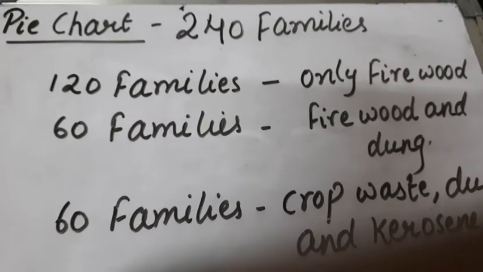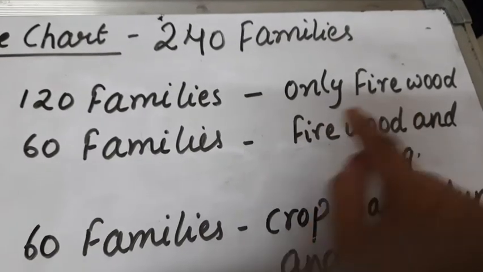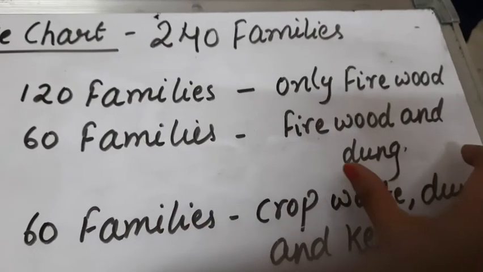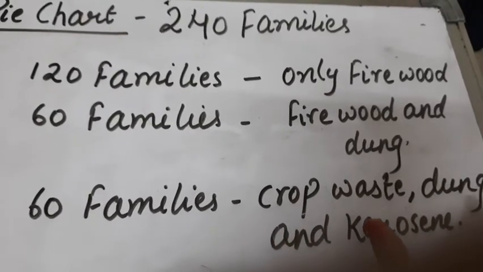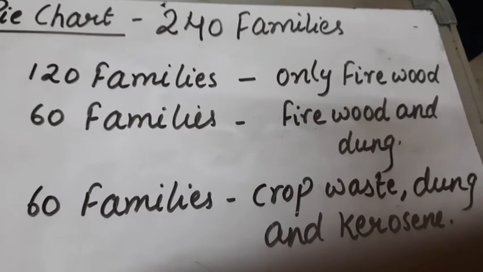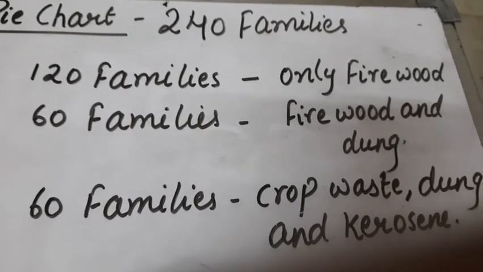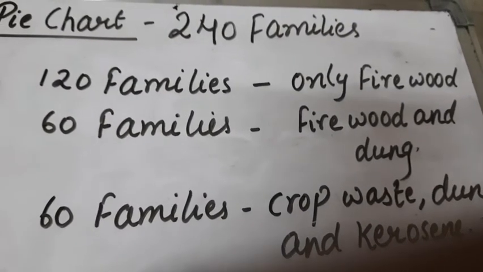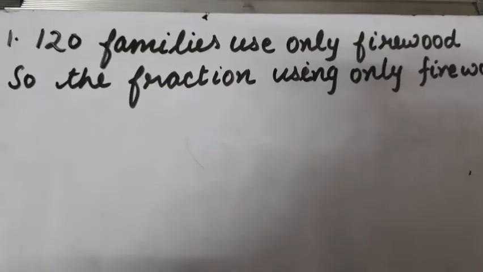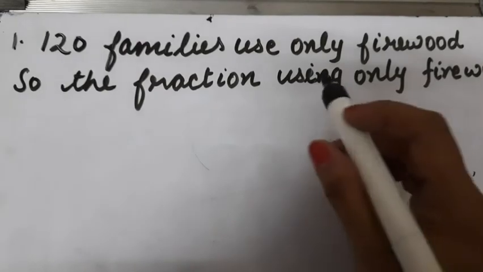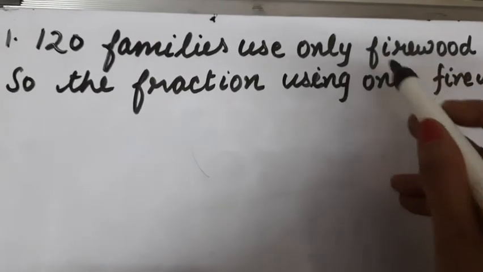They found that 120 families use only firewood, 60 families use firewood and dung, and 60 families use crop waste, dung, and kerosene for cooking and heating. We have to represent this information by using a pie chart. See, 120 families use only firewood for cooking and heating.